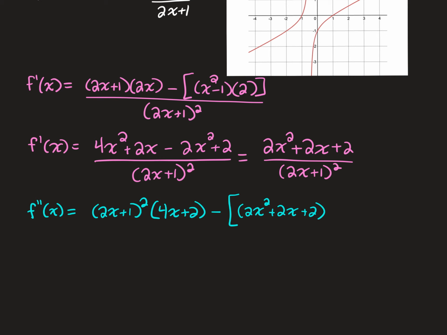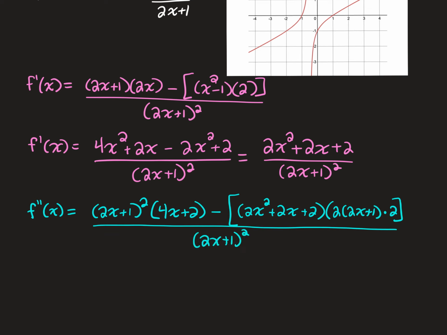So we're going to have to use the chain rule for that one. So that's going to end up being 2 times 2x plus 1 times 2. All right, and then all over low low, so 2x plus 1 squared.